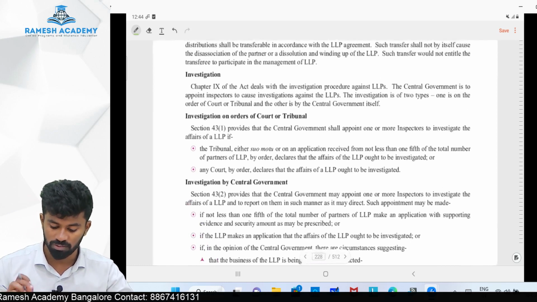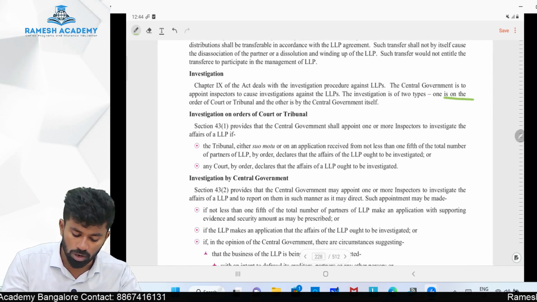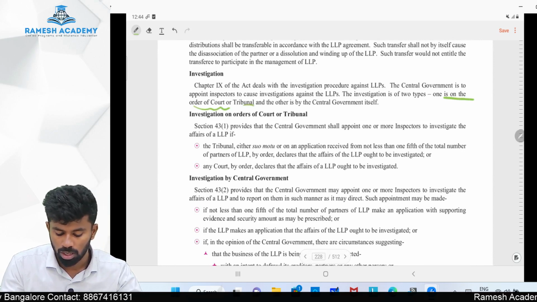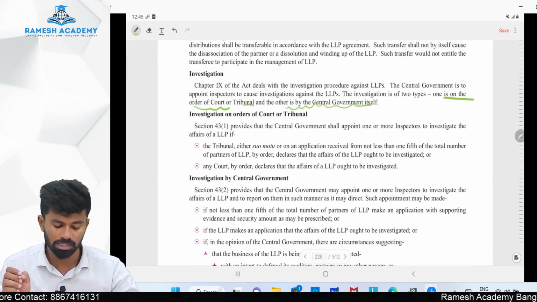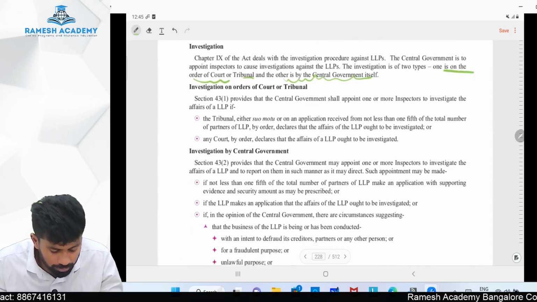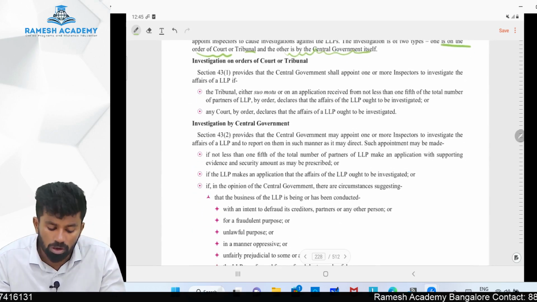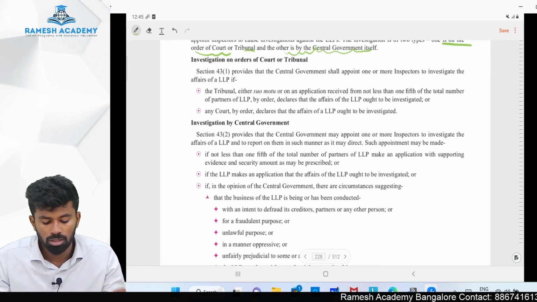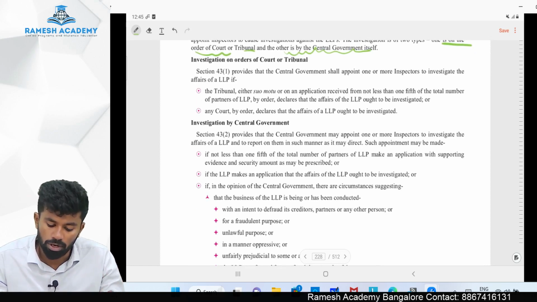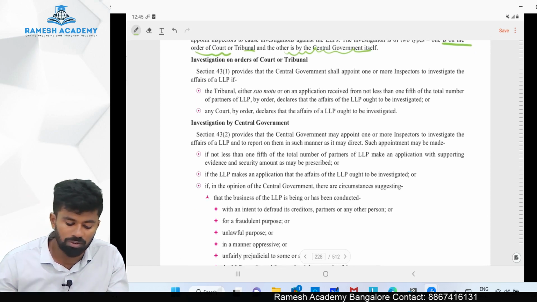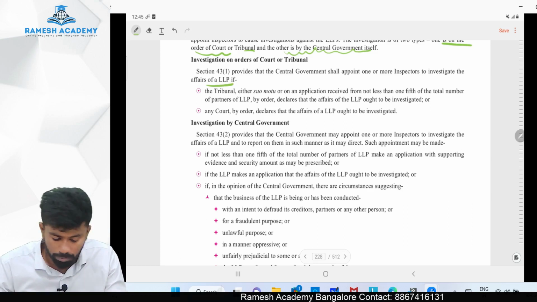There are two types of investigation. One is on the order of court or tribunal, other is by the central government itself, suo motu. Investigation on the orders of court or tribunal: central government shall appoint one or more inspectors to investigate the affairs of the LLP.